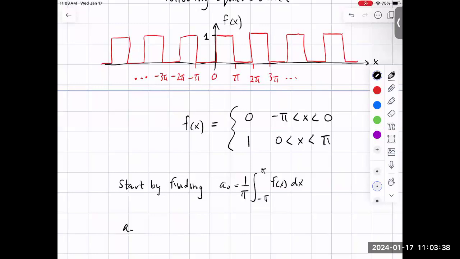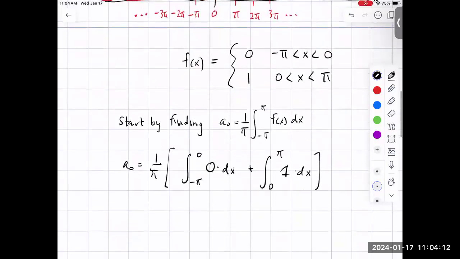So a0 is going to be 1 over pi times the integral from minus pi to 0 of f of x, but on this interval, f of x is just equal to 0, so it's just 0 times dx, plus the integral from 0 to plus pi of f of x, but on this part of the interval, f of x is just equal to 1, so this is 1 times dx.